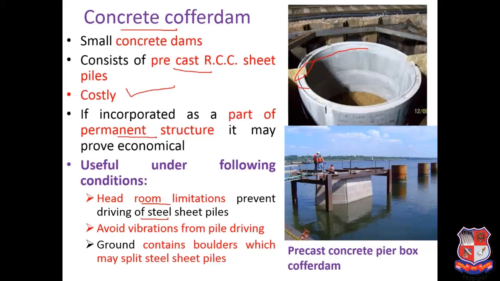Then to avoid vibrations from pile driving, and when the ground contains boulders etc. which may split the sheet piles. If there are boulders, it is very difficult to insert the sheet pile. So in that case such a ready-made concrete box can be utilized as a cofferdam.